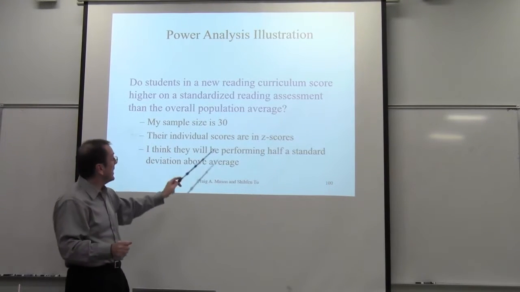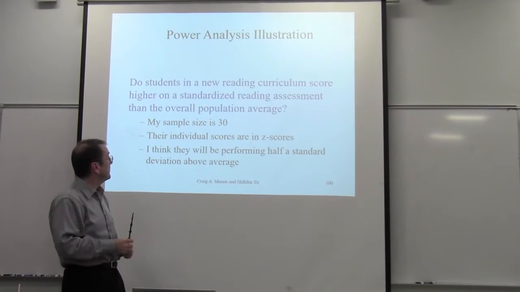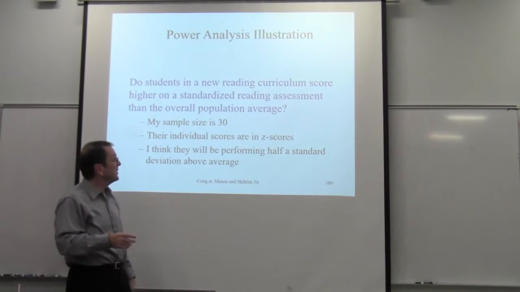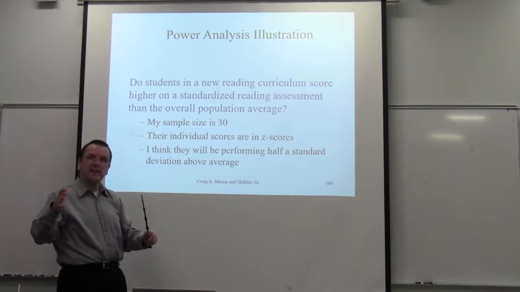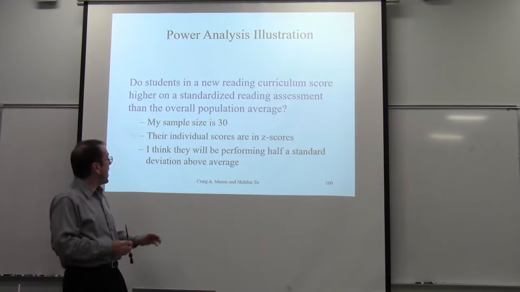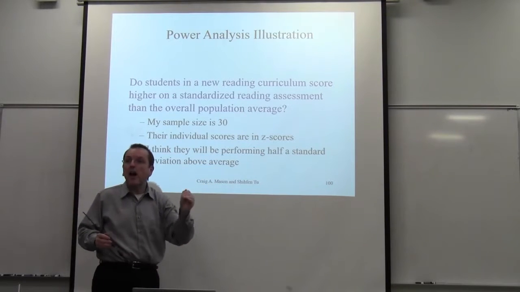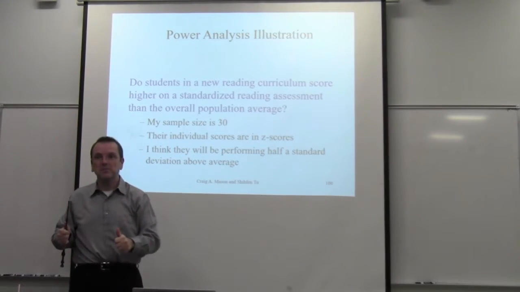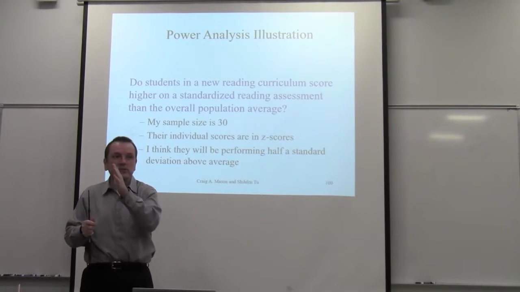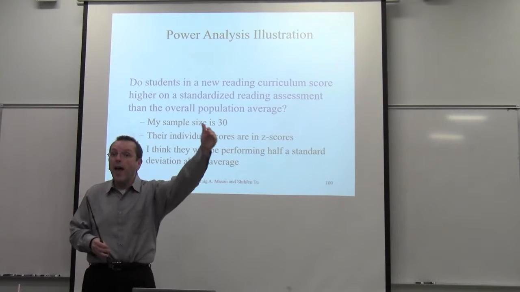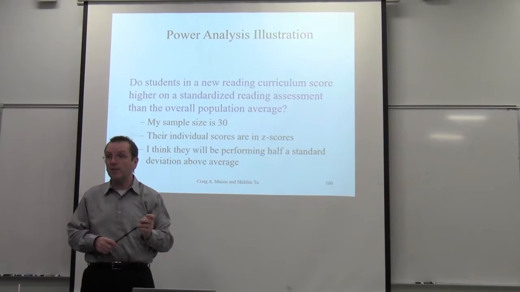I'm going to say, okay, I can get a sample size of 30, and their scores are z-scores, to hopefully make it a little clearer. And I think this is a powerful intervention. I think my effect size is going to lead to them performing half a standard deviation above average.